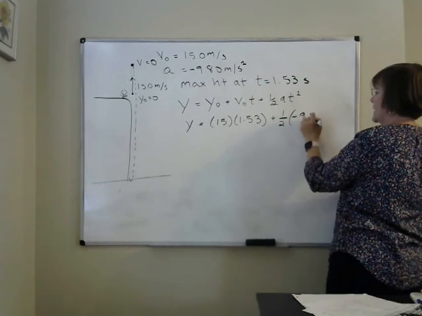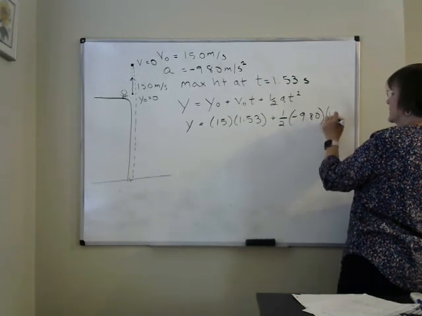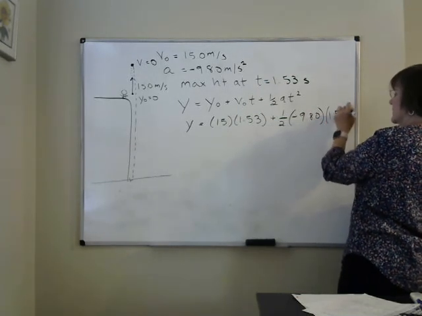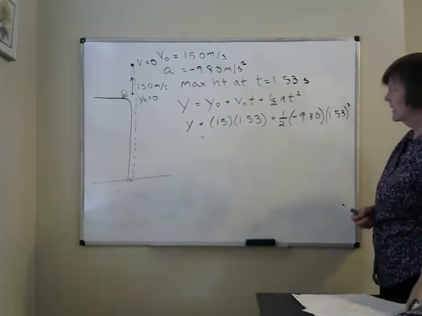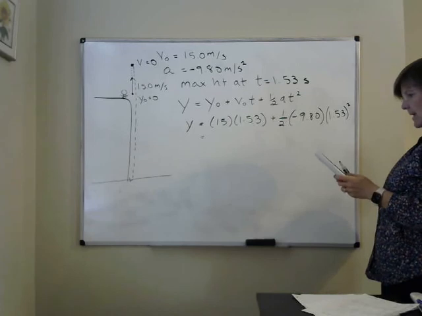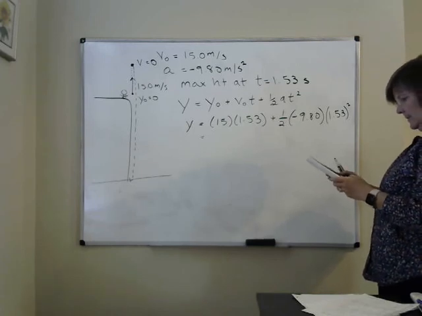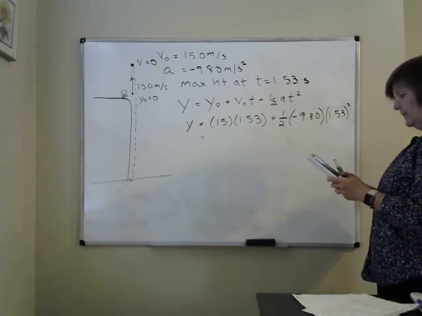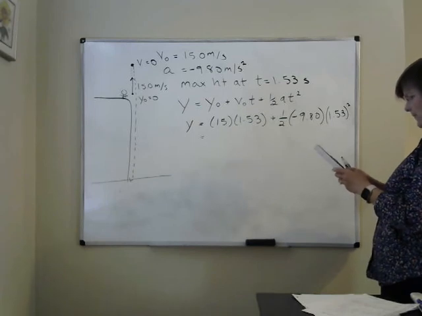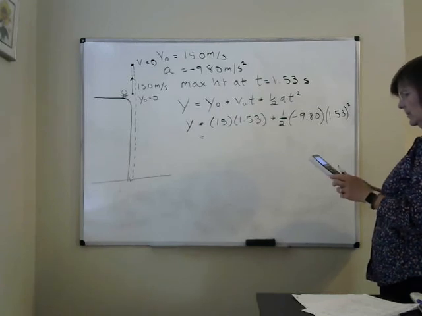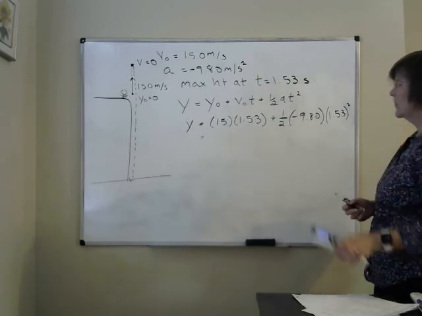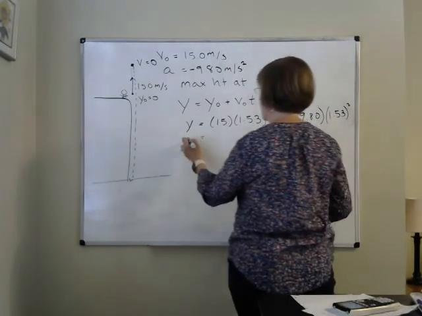Make sure you put in that negative acceleration. Okay. 15 times 1.53 minus 4.9 times 1.53 squared. Get 11.5 meters.